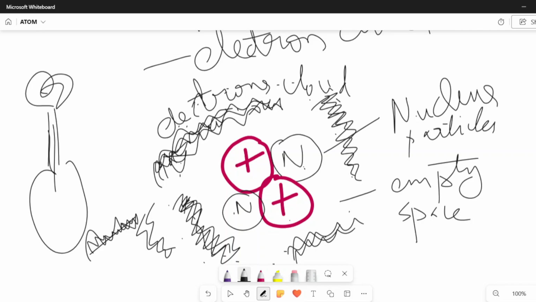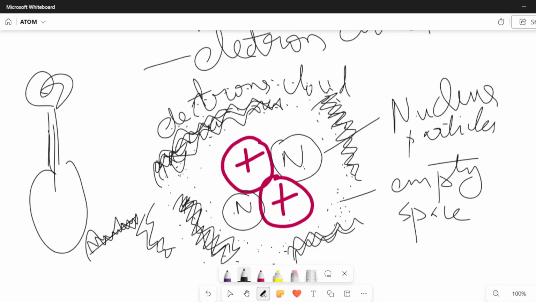At any time in matter, the electrons will be present in the form of waves. You will not be able to see them as particles. That's why these are called electron clouds. I'm just putting dots to show you that the electrons are spread around like this.